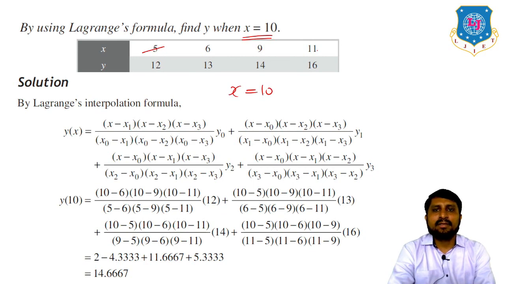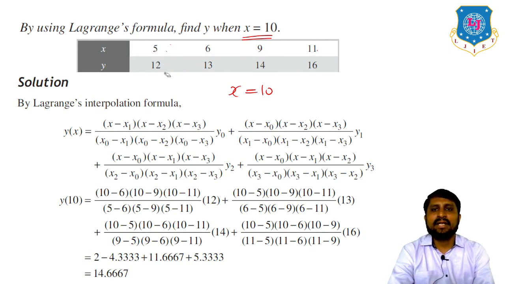In the denominator, instead of 10, you have to put 5: 5 minus 6, 5 minus 9, 5 minus 11. Clear? Second term: into 12. Don't forget to multiply with 12.